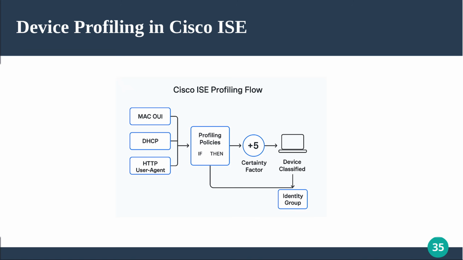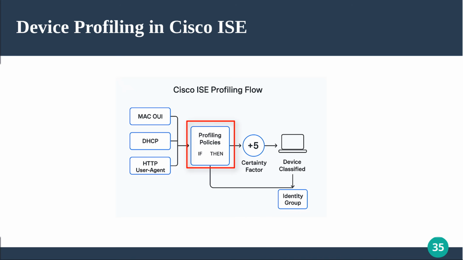We can see in the range on the right some of the ways it identifies devices. So we have in this example MAC, OUI, DHCP, HTTP. Of course there's others as well like DHCP and RADIUS. And then it goes through profiling policies if specific attributes are detected. For example, DHCP, MAC, OUI, HTTP user agent. Then ISE assigns a device profile such as a Windows PC, iPhone, printer, IP phone, or another Internet of Things device.